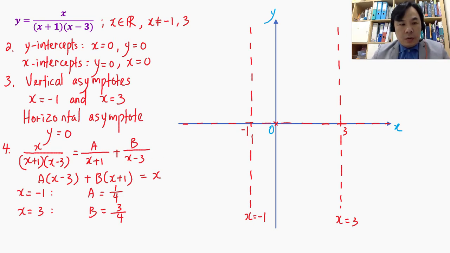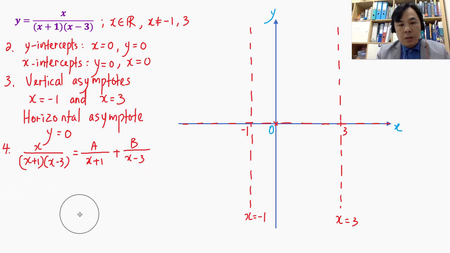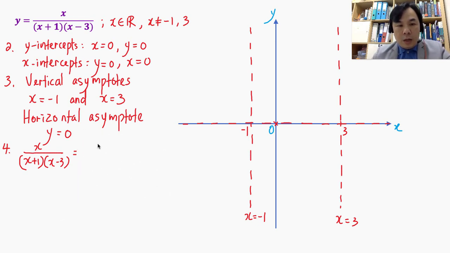Now I'm going to erase this. We don't really need it anymore. I just want to rewrite this partial fraction form correctly. So the A is a quarter, and then the B is 3/4.